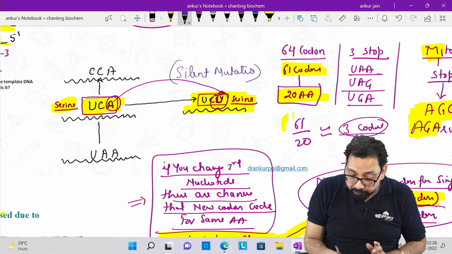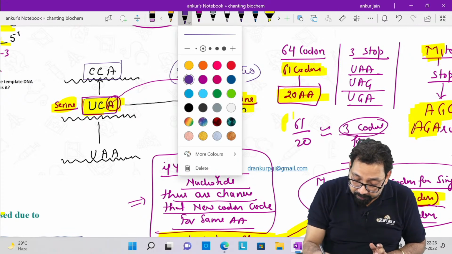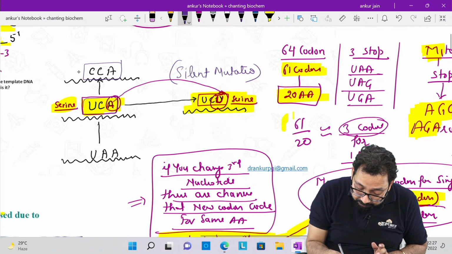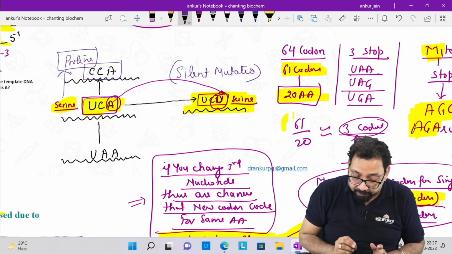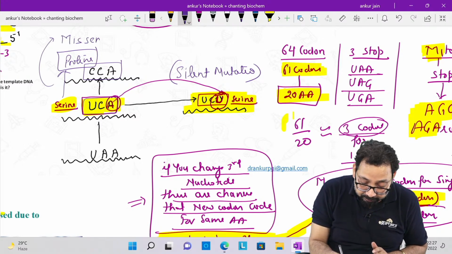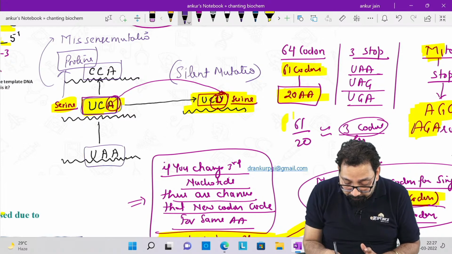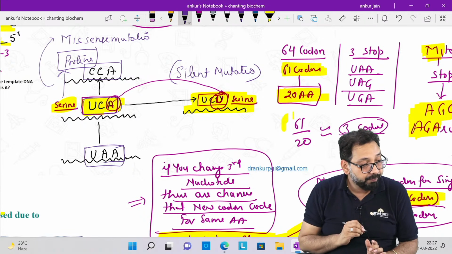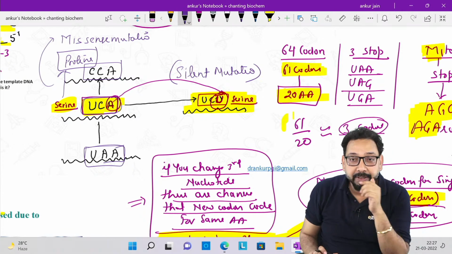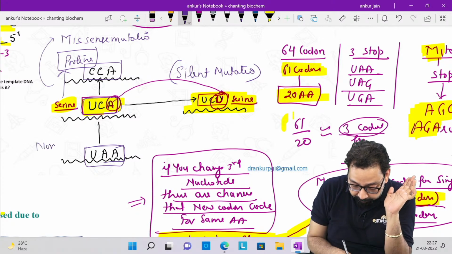If UCA is changed to CCA, means serine is changed by proline, one amino acid is changed by another amino acid, this is called missense mutation. And if UCA is changed to UAA, UAA is stop codon, code for nothing, so nonsense mutation.